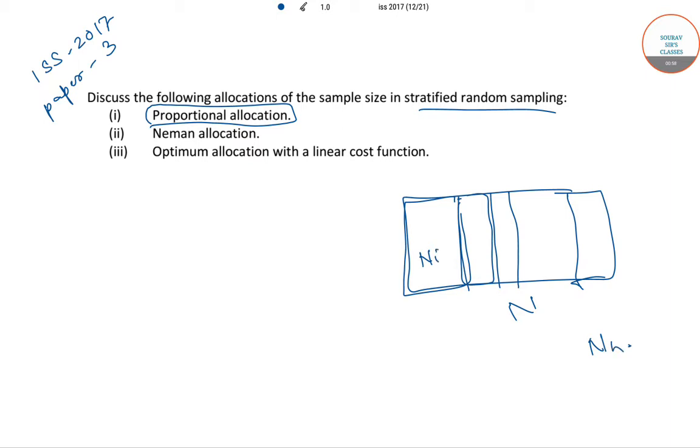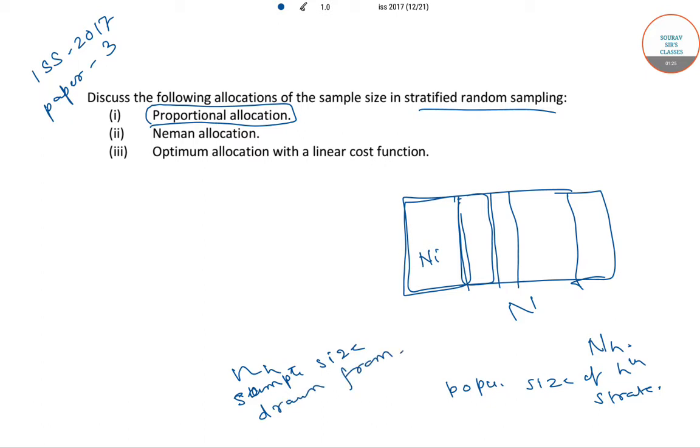Suppose capital NH is the population size of the hth stratum, and small nh is the sample size drawn from the hth stratum.